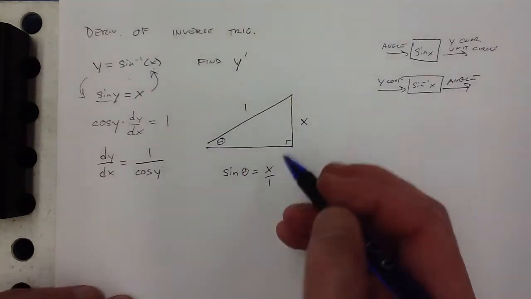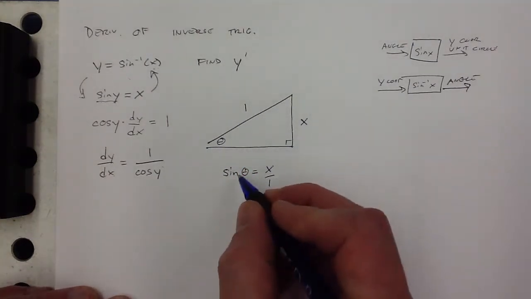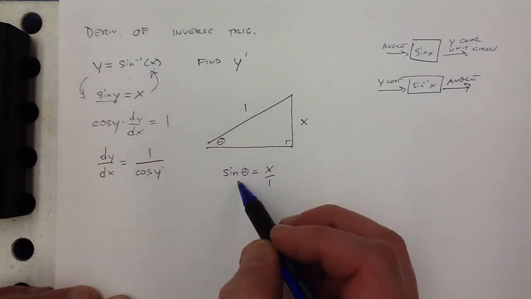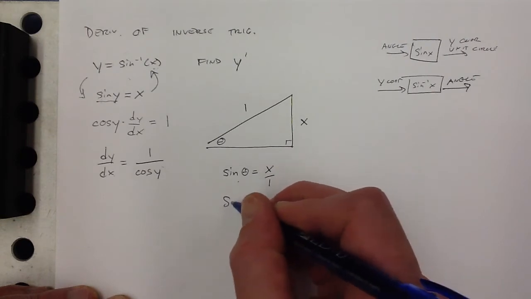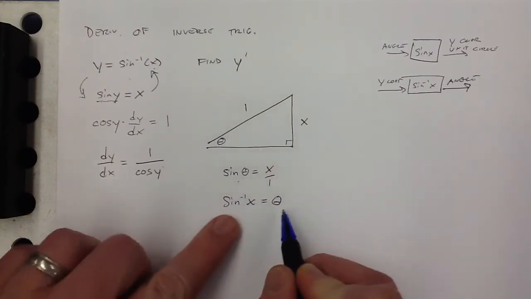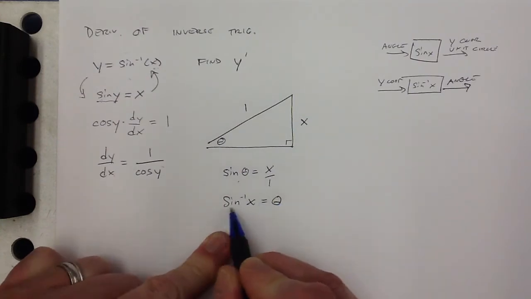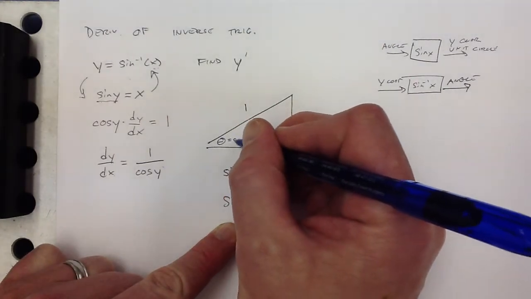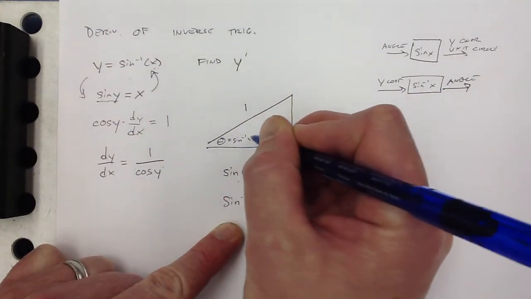But I chose those carefully so I would just get an x here. And then switching this around the same way that we switched these, that's the same as saying that the sine inverse of x is equal to theta. And there you can see very clearly that sine inverse of x is an angle, right? So let's just write that right in here, sine inverse of x.